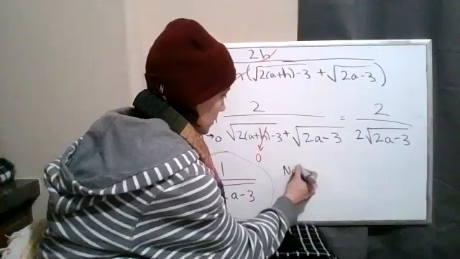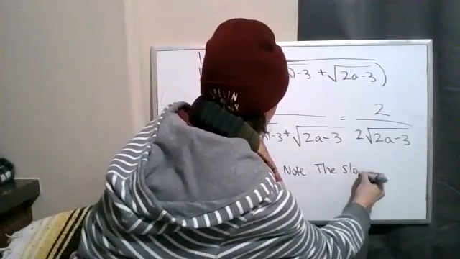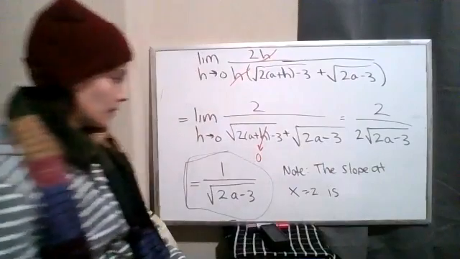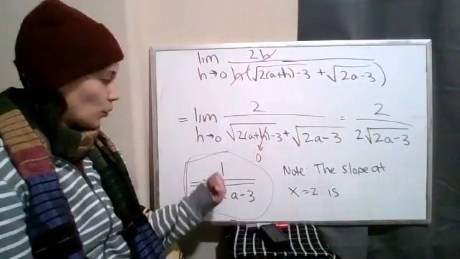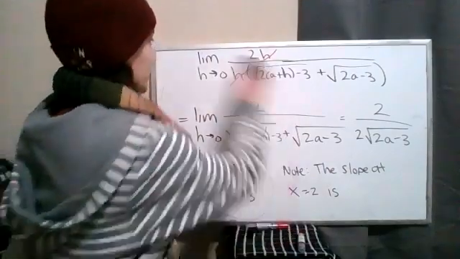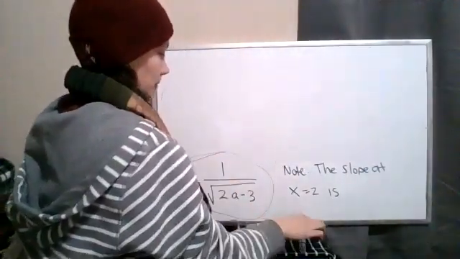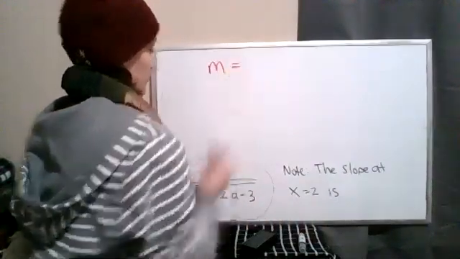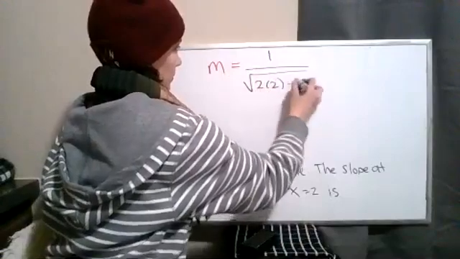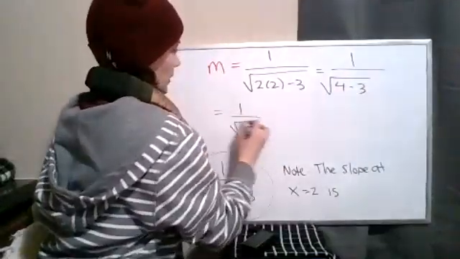So the slope at x equals 2 is m, for slope, of 1 over the root of 2 times 2 minus 3. All right, 1 over root 1 is going to be 1.